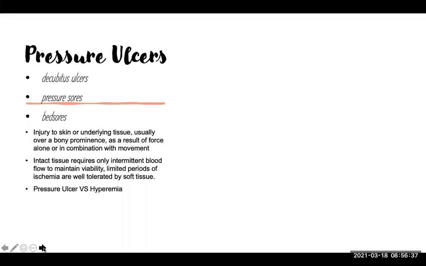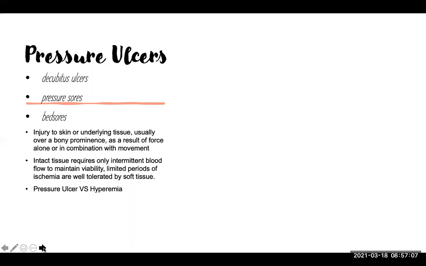To explain a little more, the metabolic rate in soft tissue is relatively low. Soft tissue, therefore, is much less susceptible to ischemia than tissues with higher metabolic rates, like the brain, for example. Due to the slow rate at which oxygen is consumed in soft tissue, a continuous flow of oxygen is not needed.